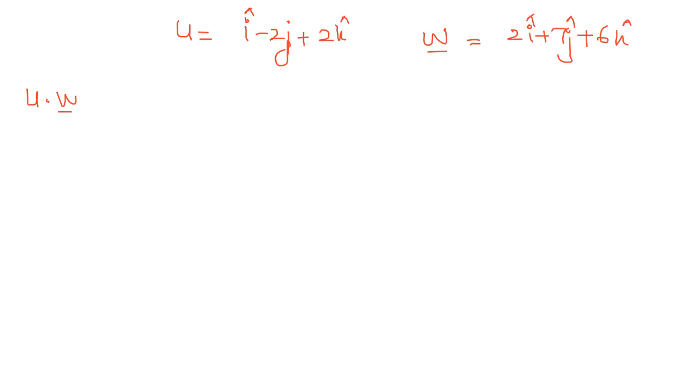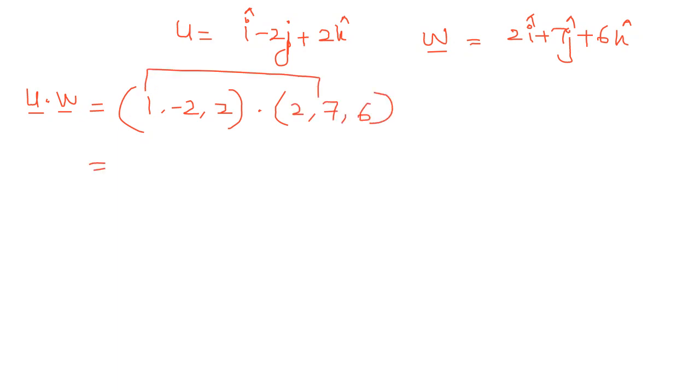You have to first find the dot product. The dot product is 1, minus 2, and 2, dotted with 2, 7, and 6. So 1 with 2 will give you 2, minus 2 multiplied by 7 will give you minus 14, 2 multiplied by 6 will give you 12. 2 minus 14 is minus 12, and minus 12 plus 12 is equal to 0.